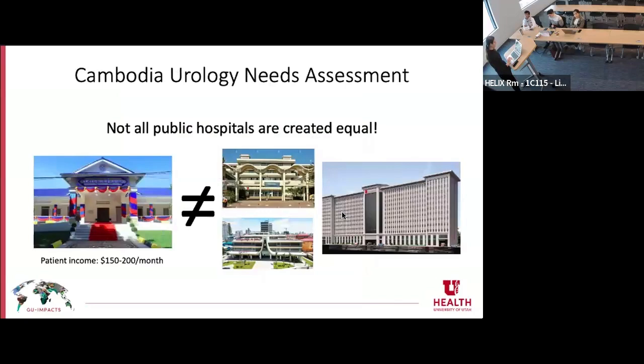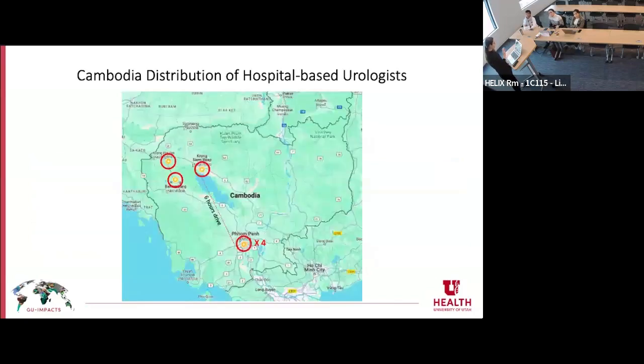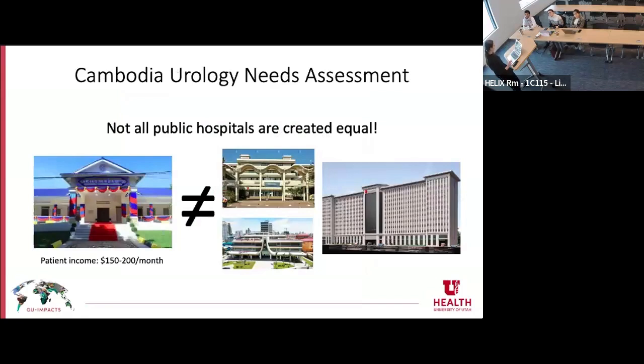One thing that I think is an important takeaway, though, is that even though there are 7 hospitals, as I demonstrate here, not all public hospitals are created equally. And this really came through at the needs assessment that we did at this one hospital pictured on the left, which was located in a relatively rural province with 1 urologist. There, as all the other public hospitals, will treat patients that are in the poor uninsured category.